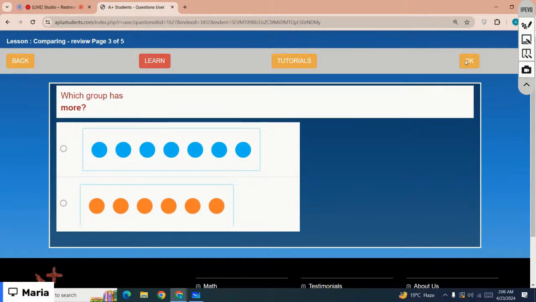Which group has more? Yes, option number 1 is the correct option. The blue group has more dots.